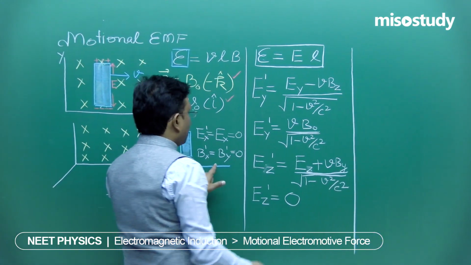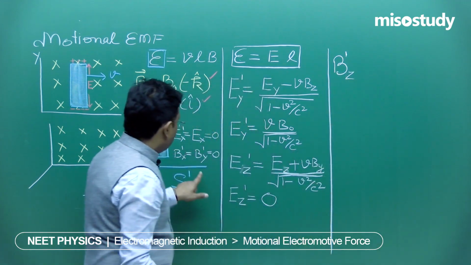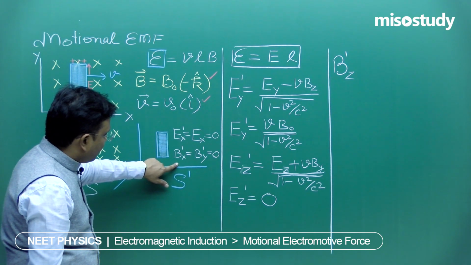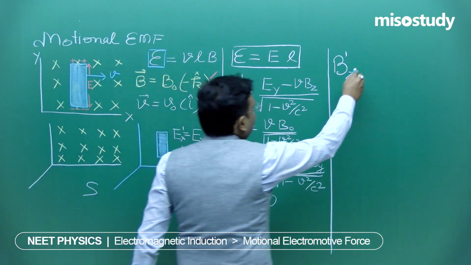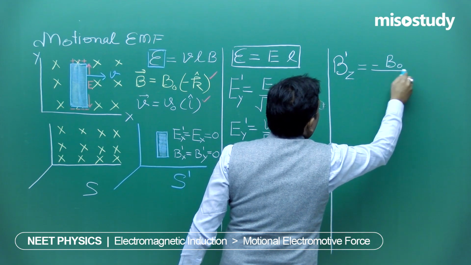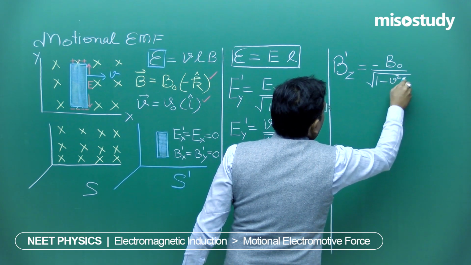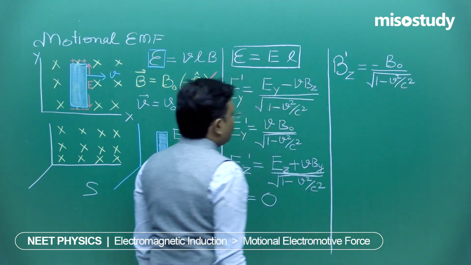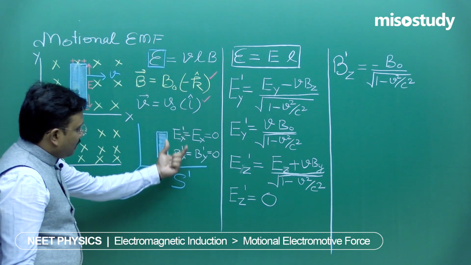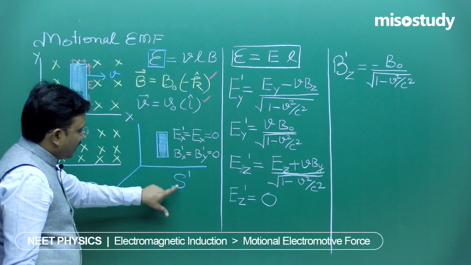I am going to write it in terms of Bz prime. The expression is applicable from this reference frame, that is S prime. So it is going to be minus B naught upon under root 1 minus V square upon C square. So now ultimately I have explained all the electric and magnetic field components for this reference frame S prime.